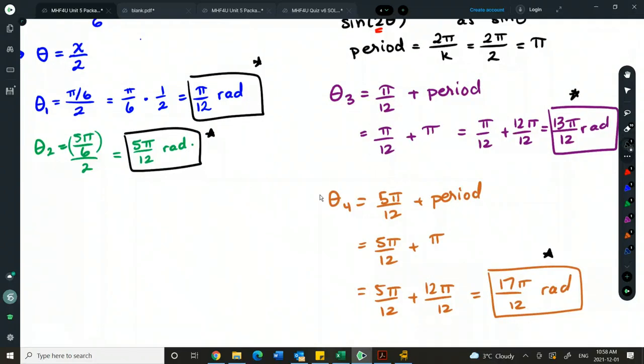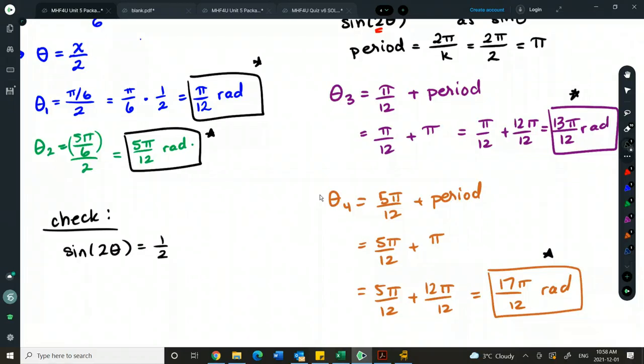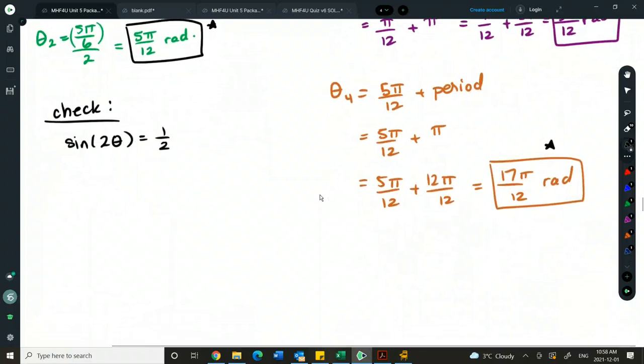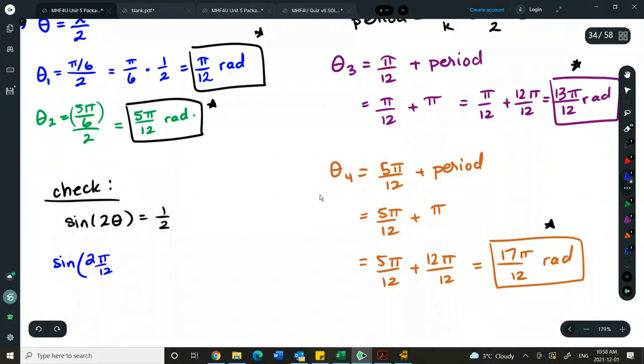How can I check my answer? Let's do a check. My original question is, I want to find where sine of 2 theta equals positive 1 over 2. Michael? Yep. So let's plug in all the thetas. Sine of 2 times pi over 12. You can just check it right on your calculator.